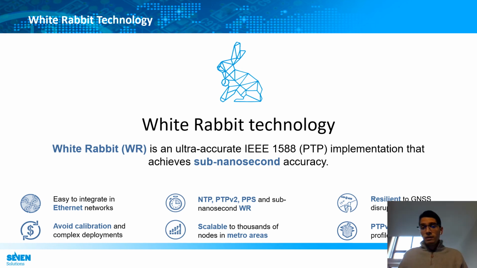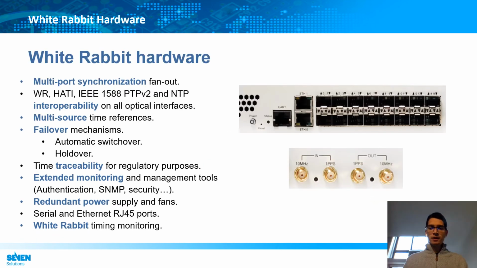And lastly, it's worth mentioning that White Rabbit is the high accuracy profile in the latest revision of PTP, version 2.1. So in order to comply with the requirements of the finance sector, the White Rabbit hardware needs to meet at least 3 characteristics. The first one is interoperability with the previous time synchronization technologies that they are using: PTP, NTP, PPS distribution.